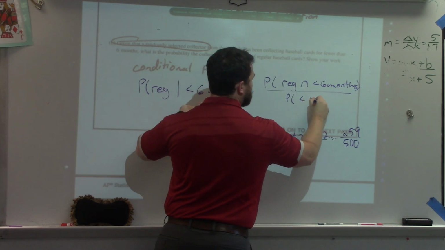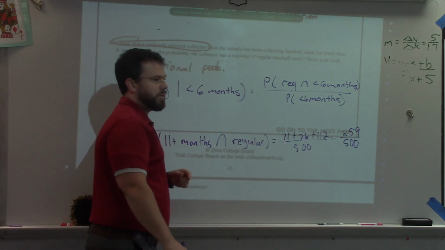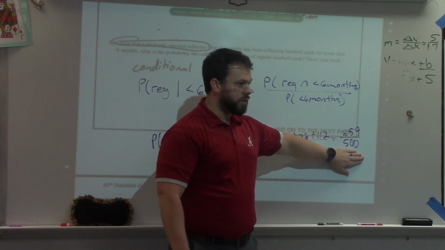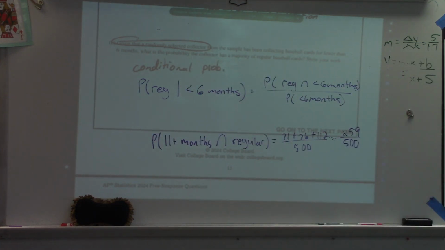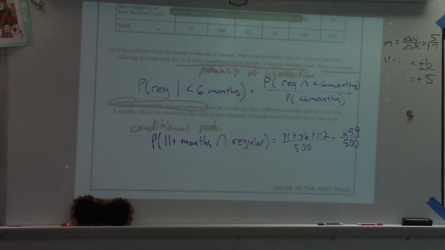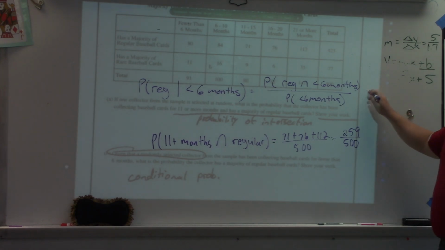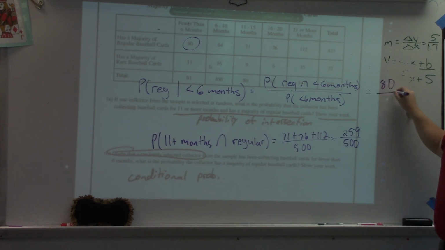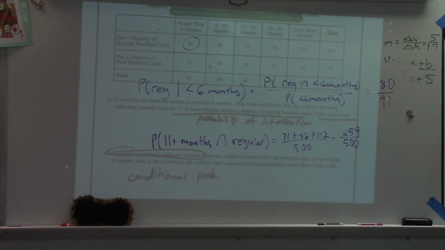Normally what goes in the denominator is your total. Well, my total in this case is only less than 6 months. So fewer than 6 months and regular, divided by fewer than 6 months. Notice I'm only looking at that condition. Does that make sense?